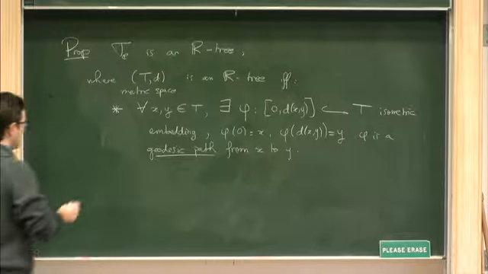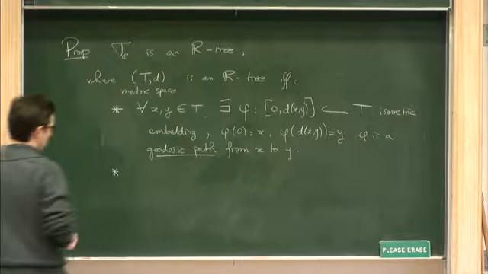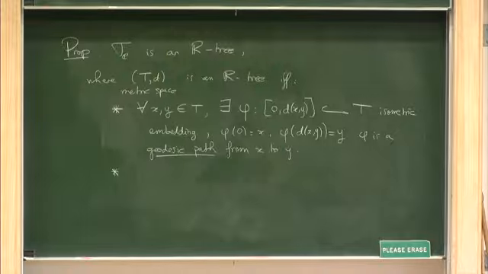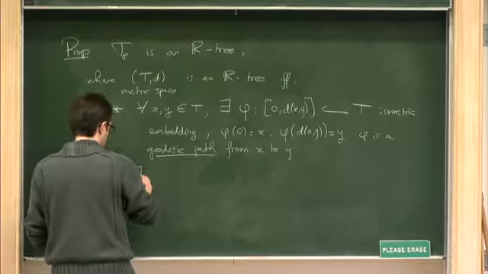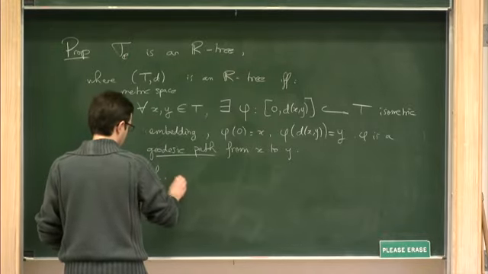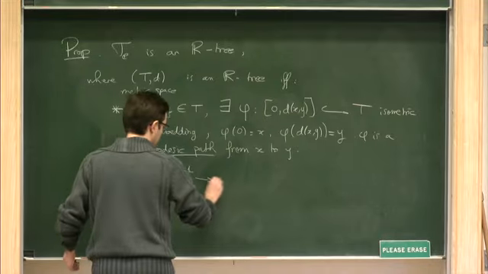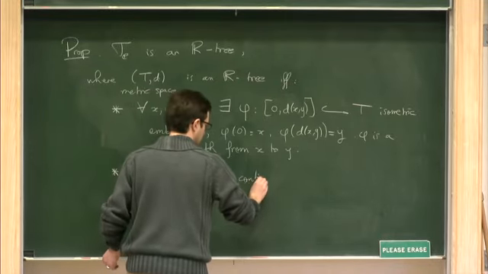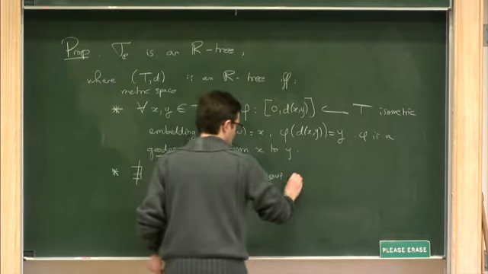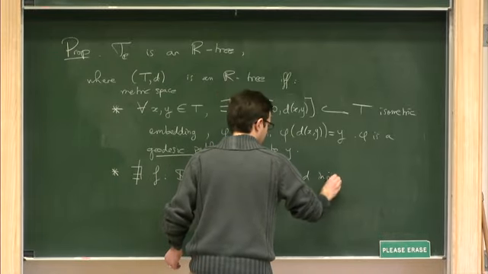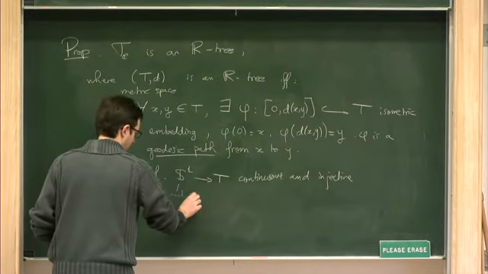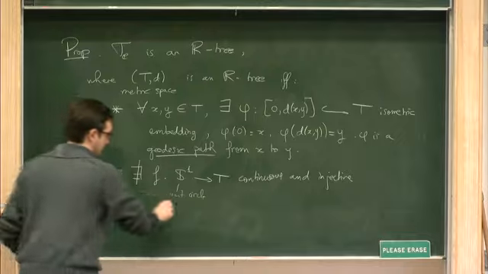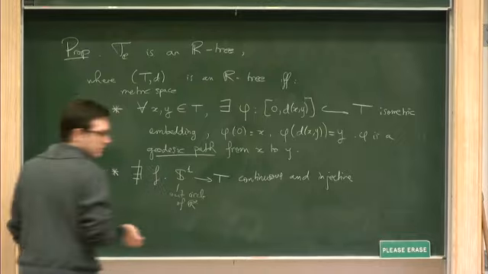And the second property: a tree in the graph theoretical sense is a connected graph without cycles. So here I want to forbid the existence of cycles. So there exists no function f from S^1 to T that is continuous and injective, where S^1 is just the unit circle of R^2, say. Right, that doesn't really matter.